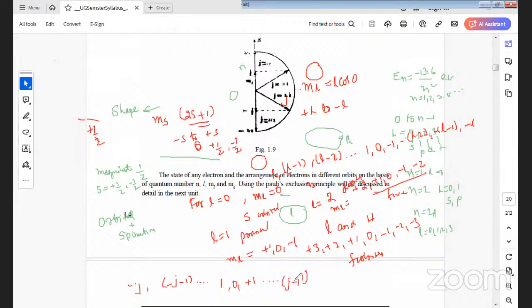So these are the values we are going to get. If it is a single electron, it excludes 0.